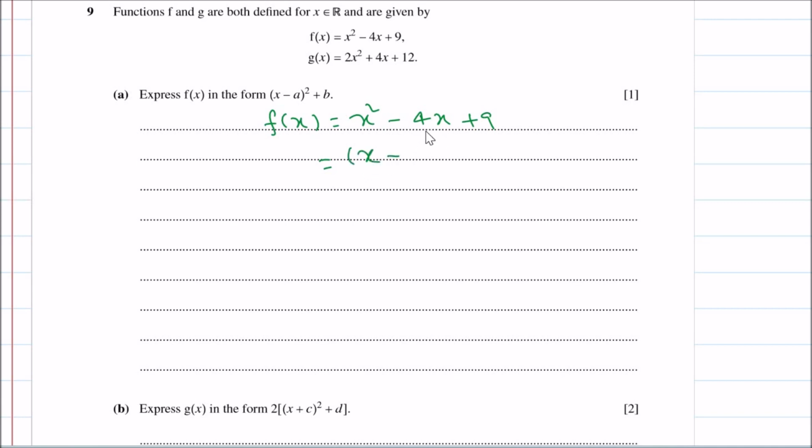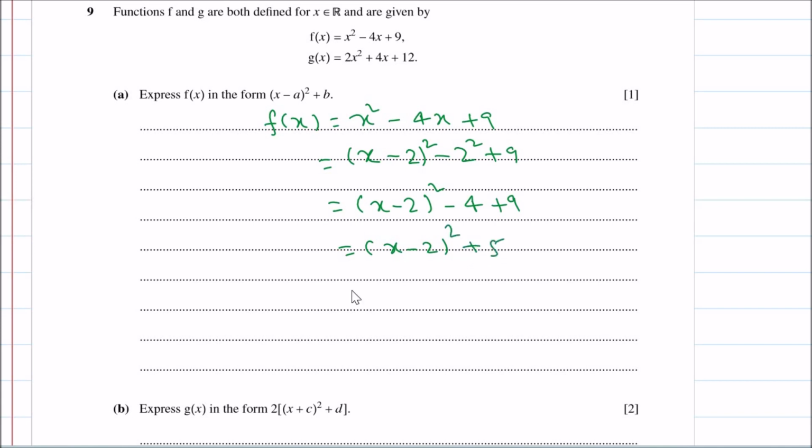Now half of 4 will be 2, square minus whatever comes there, the same number you square and subtract from that, minus 2 square plus 9. So x minus 2 whole square minus 4 plus 9. So we get x minus 2 whole square plus 5.